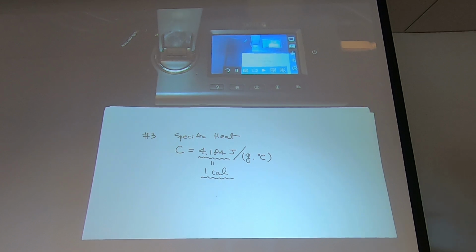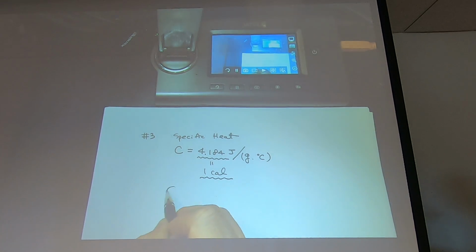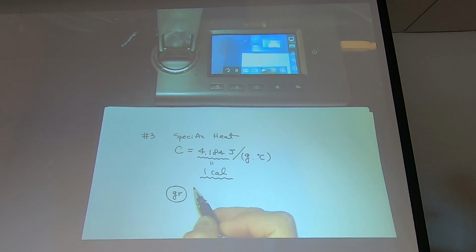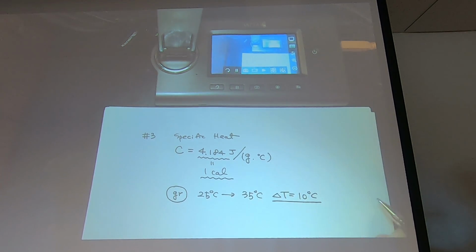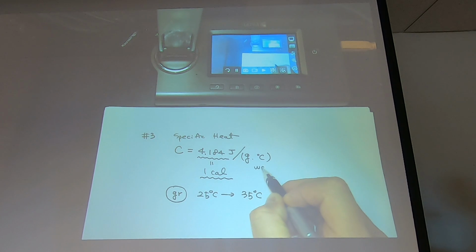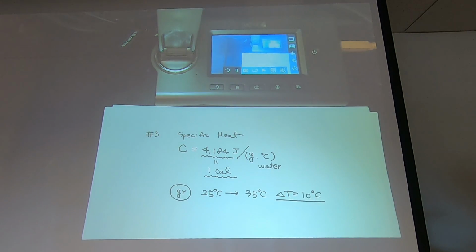So this is showing this with the question. And the question is, how many grams of water do you need? The temperature goes from 25 to 35 degrees C, so delta T here is 10 degrees C. So I want to raise the temperature by 10 degrees C. And what is the heat released from the iron?